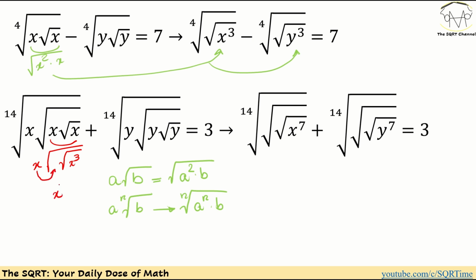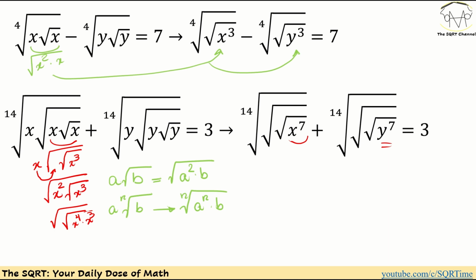It's going to be x squared, and then we have a similar thing, and then to move this x squared inside another radical, we are going to write it as x squared to the power of 2 times x to the power of 3, which basically is going to be x to the power of 4. Sorry, x to the power of 7. And we are going to see exactly the same thing, this time for y.